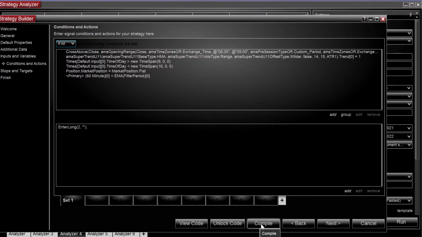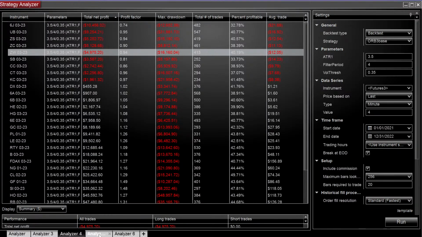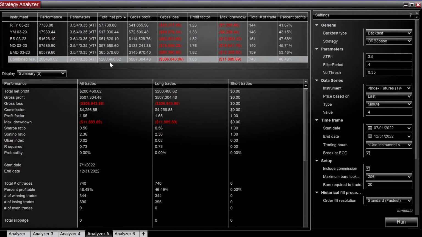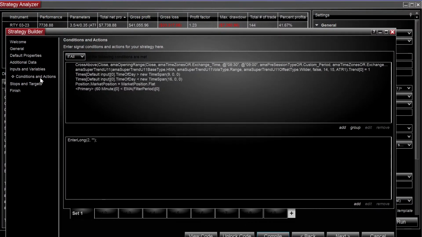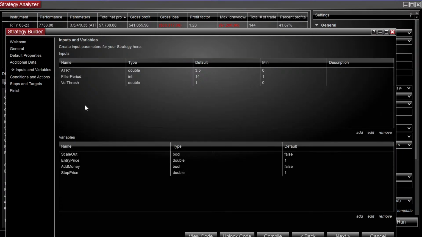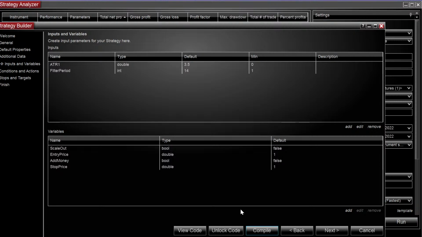Let me go ahead and compile. It should be back to our baseline. Let me make sure. Get rid of the volatility threshold. Compile.